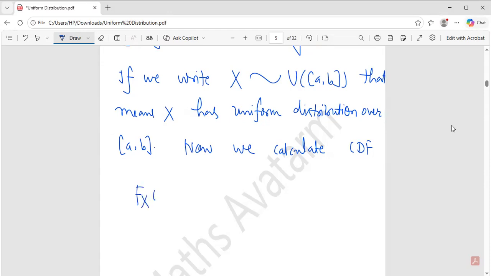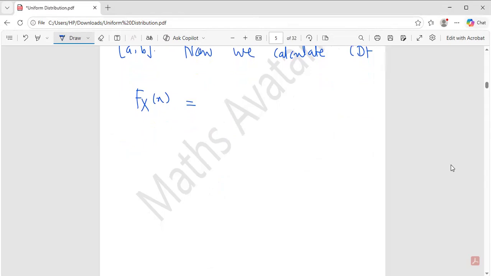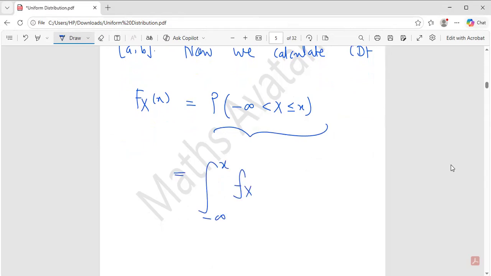CDF is denoted by capital F(x). It is given by the probability that X is less than or equal to small x, and the formula for this is the integral from minus infinity to x of f(t) dt.